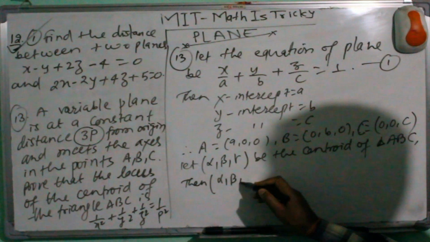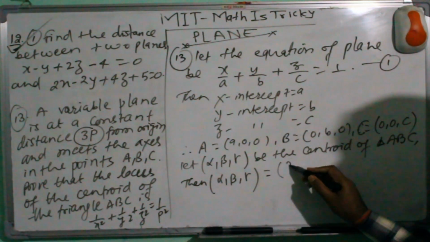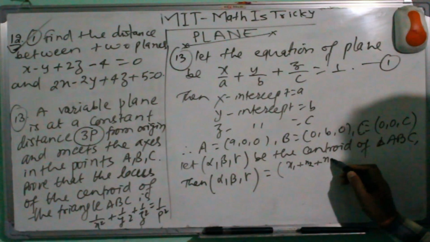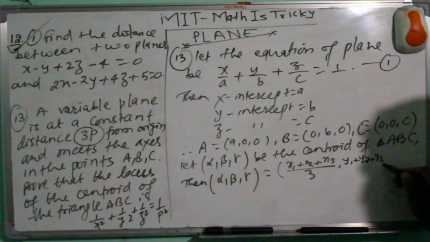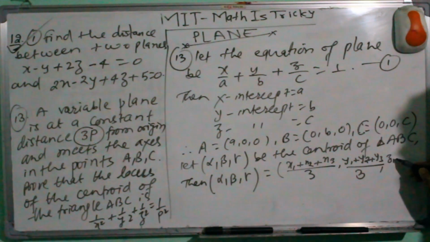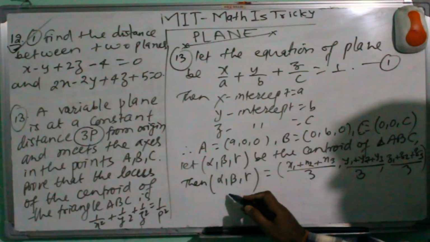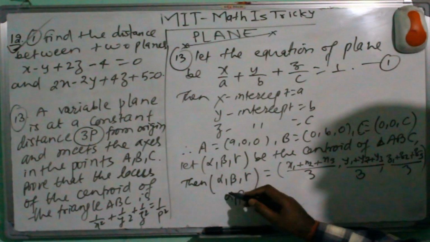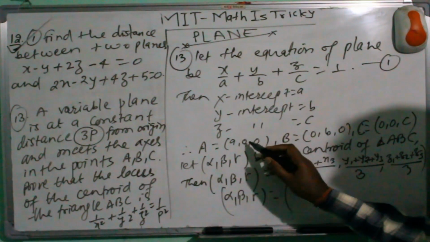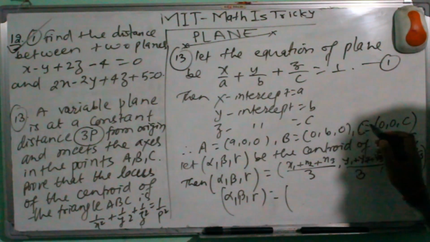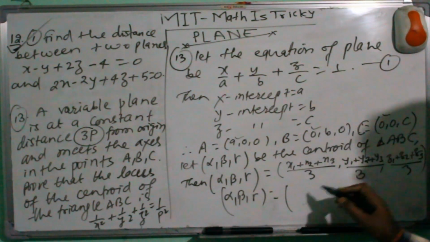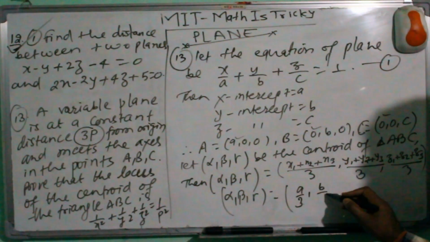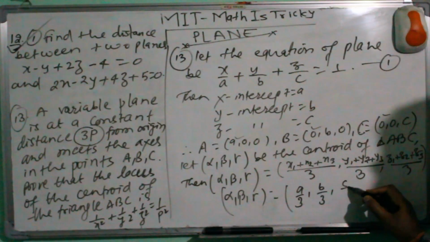So alpha, beta, gamma equals (x1 plus x2 plus x3) by 3, (y1 plus y2 plus y3) by 3, and (z1 plus z2 plus z3) by 3, which gives alpha, beta, gamma equals (a by 3, b by 3, c by 3).